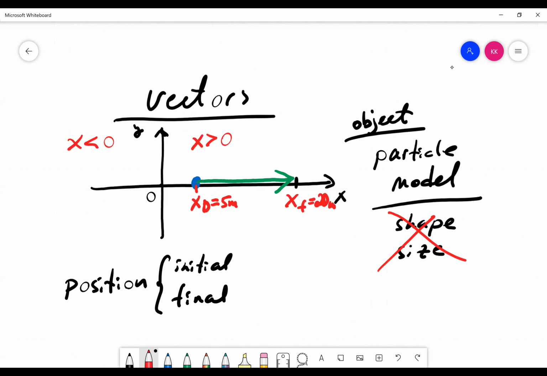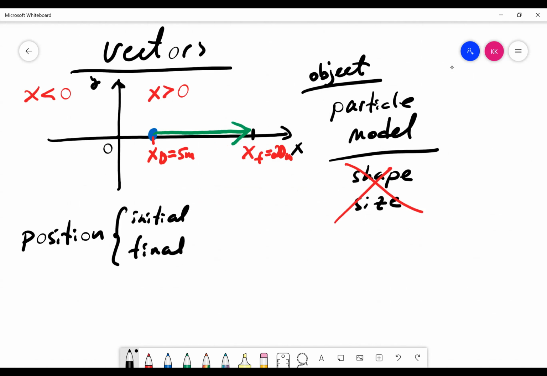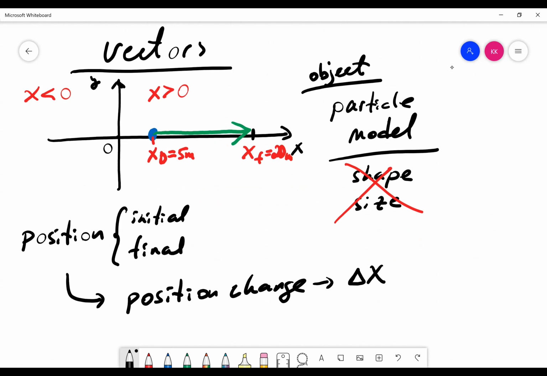Then one of the things that we're interested in here is the position change. That means the object went from initial position to final position. And we call this delta x, which is the change in x. This delta stands for change, right?